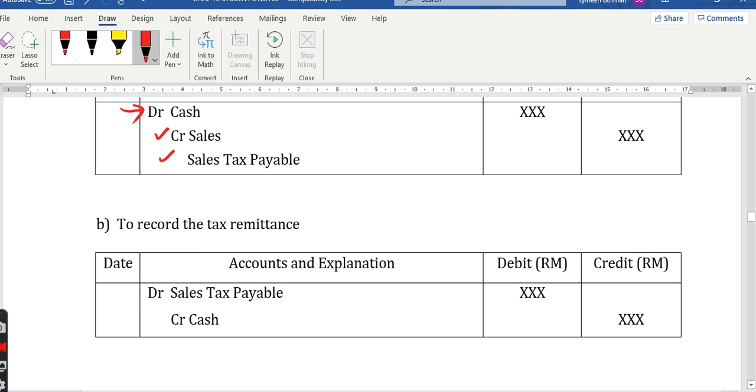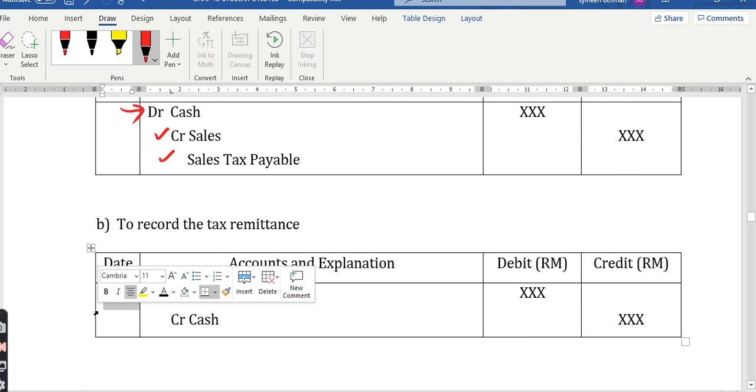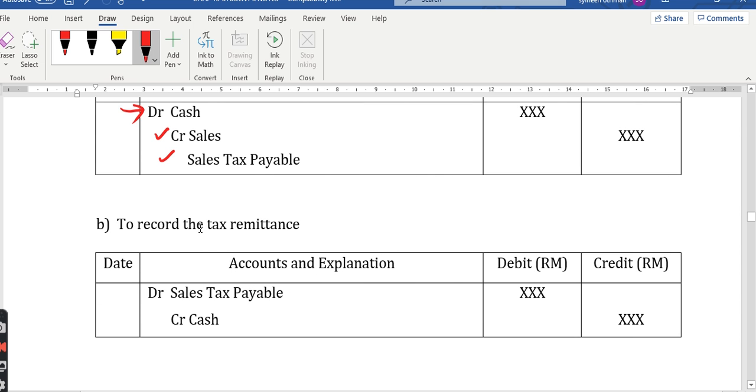Let's say this is towards the end of the accounting period, or the time of the tax remittance. You need to pay the money to the government. So we will debit sales tax payable, because earlier you credited the sales tax payable. Once you have made payment to the government, it is no longer there.